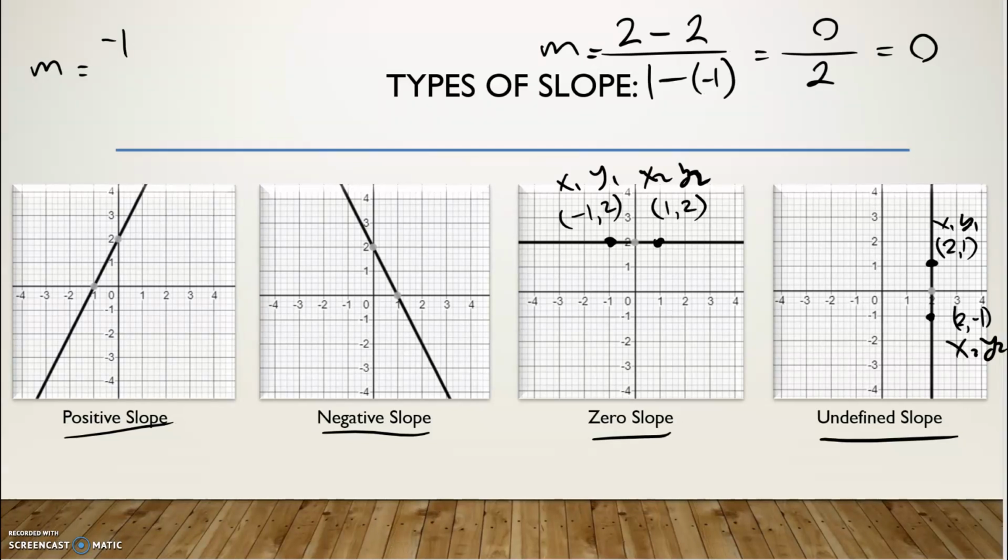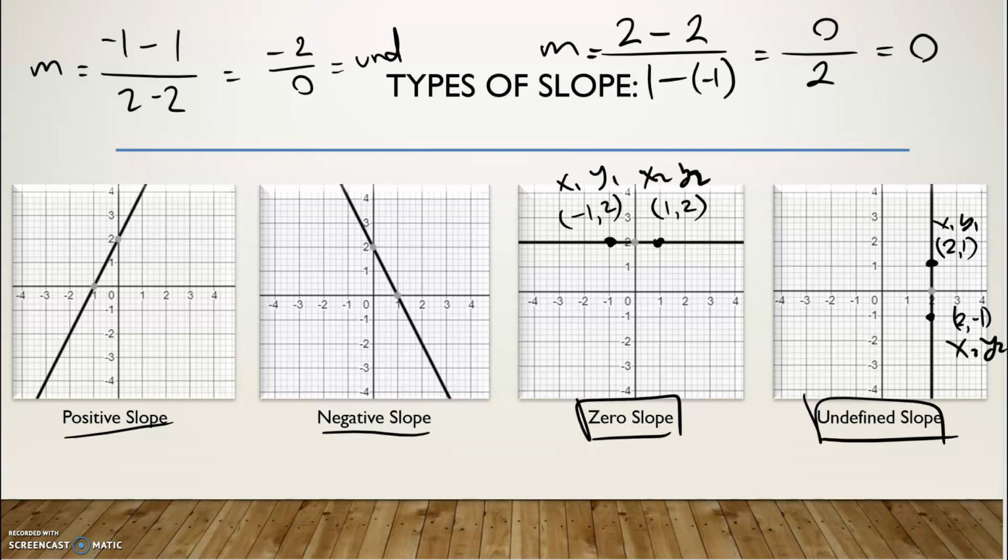So negative 1 minus 1 all over 2 minus 2. So negative 2 in the top, 0 in the bottom. This would be undefined. Okay, so if you have a vertical line, it will be undefined. If you have a horizontal line, it will be a 0 slope.